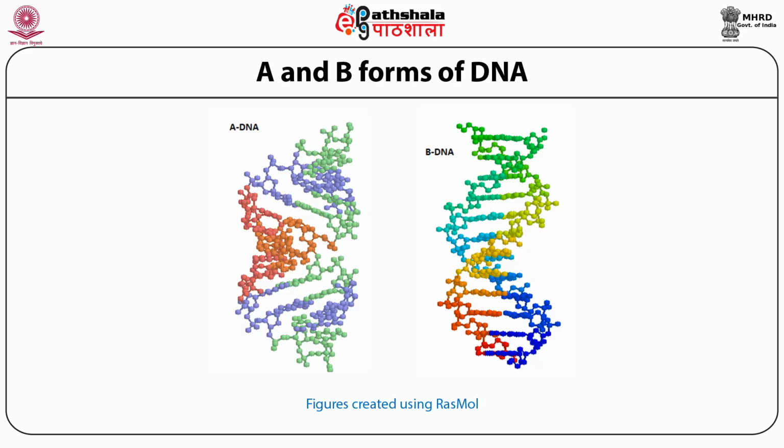It's very pretty, long and slim, whereas A form is more fatty or stout and short. Similarly, the bases in case of B form are perpendicular to the helix axis, whereas in case of A form, these are inclined compared to the helix axis. You can notice it from the picture.